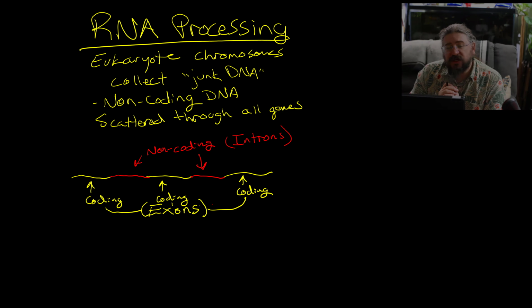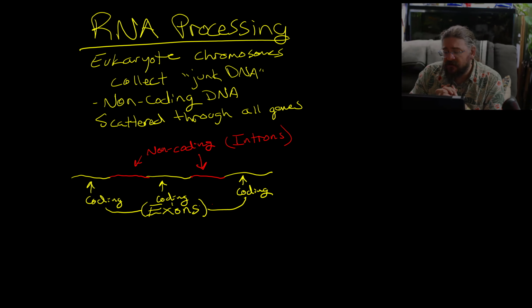And we can't just make a protein using this transcript, because if we feed this transcript into a ribosome and just try and make a protein, those non-coding regions, those introns, are going to mess the whole thing up.